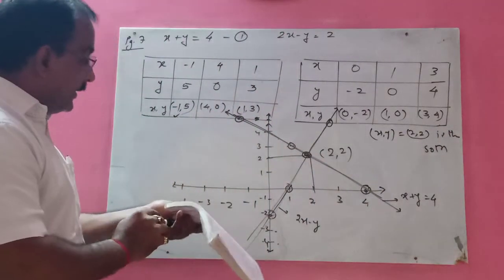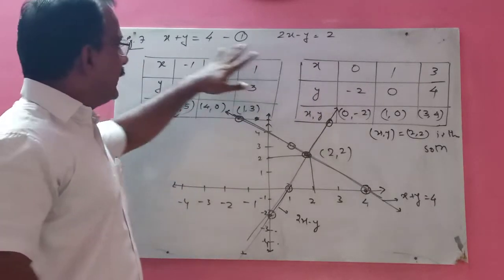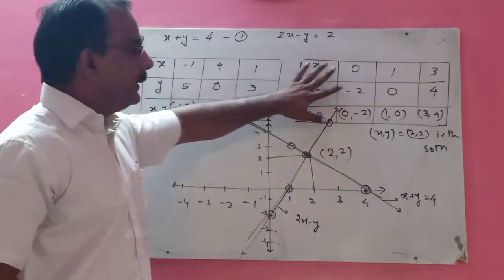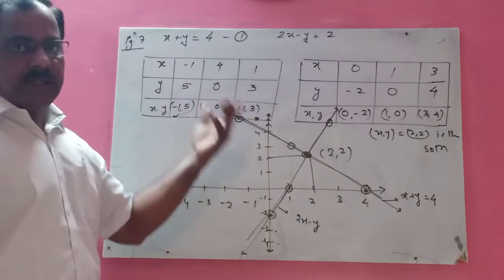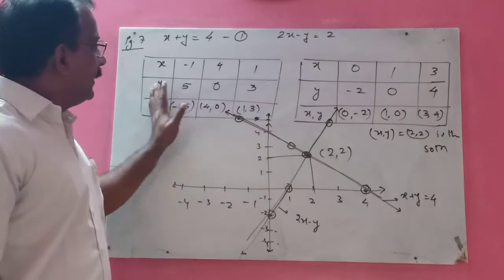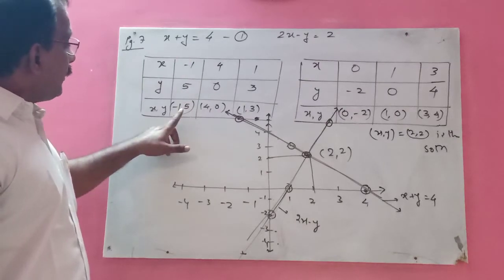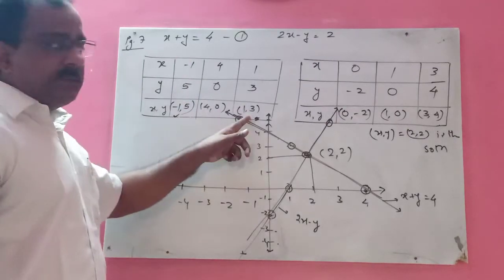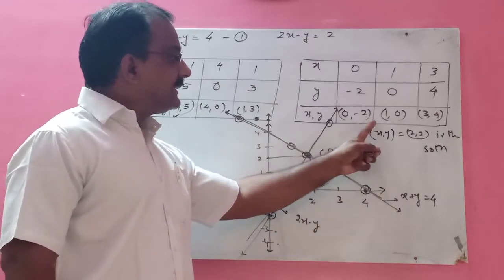So what I did, children, in this case, first I took the equations. With the help of the equations I prepared the tables. I said that you take any variable value, either x or y, from your side. Minimum 3 points you should take. With the help of that you get the points. Plot these points on a graph, and after that write down the scale also, children.